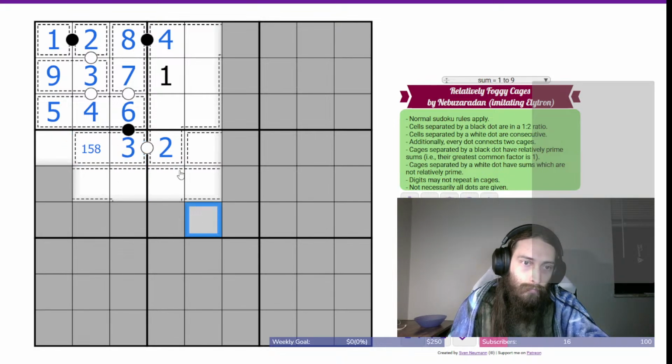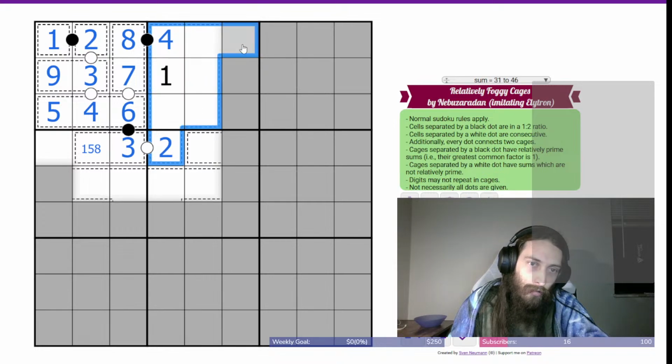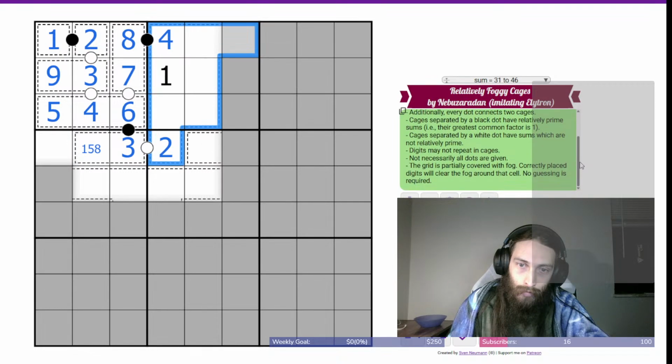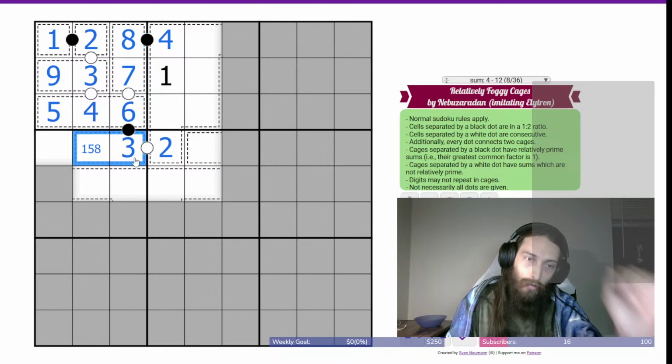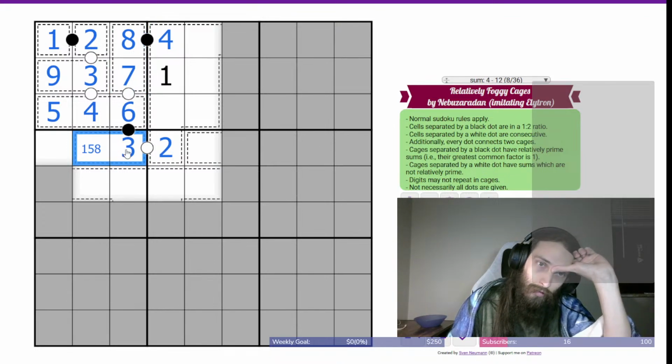But this giant cage of at least 8 digits is coprime with 17, but has a shared factor with this one.